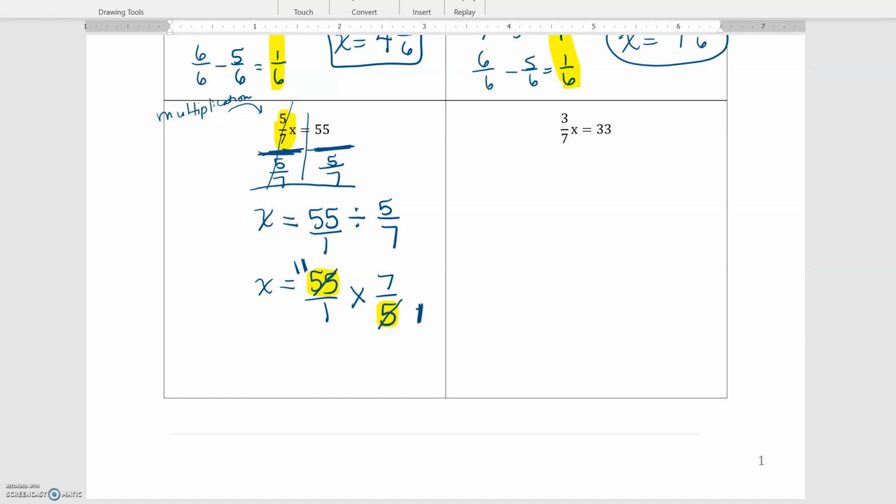It's an easier problem to work out with smaller numbers. So my x will be 11 times 7, which is 77, over 1 times 1, which is 1. So my x value is just going to be 77.